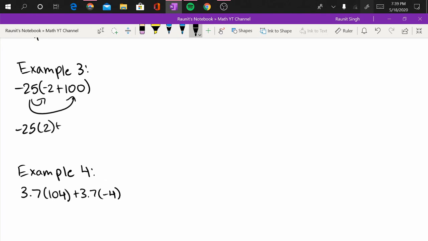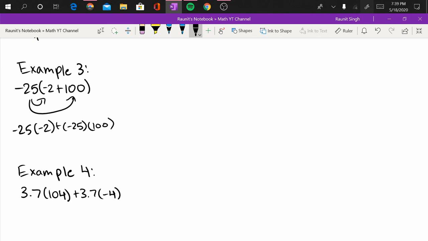Okay, so negative 25 times 100. And then negative times positive makes it negative. Oh, wait, no. The 2 is a negative number, so I forgot to include that. And then there we go.